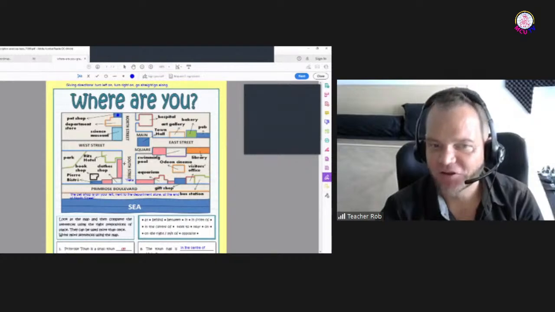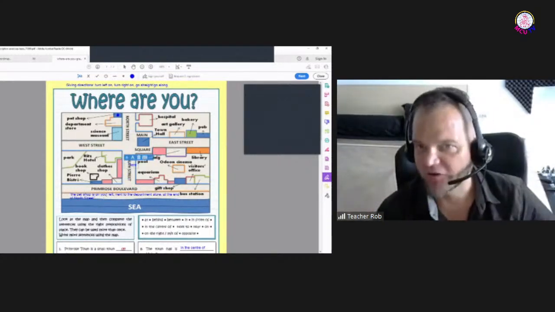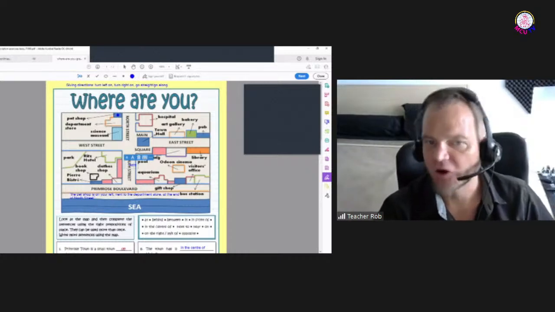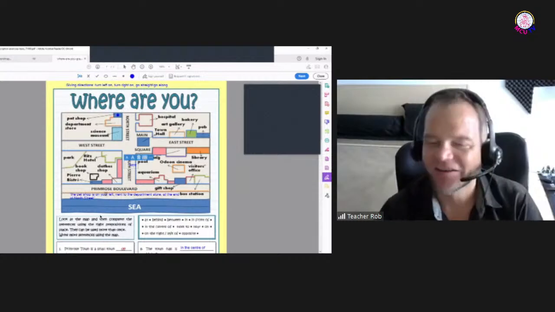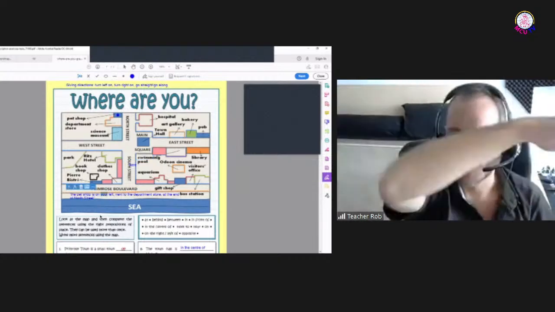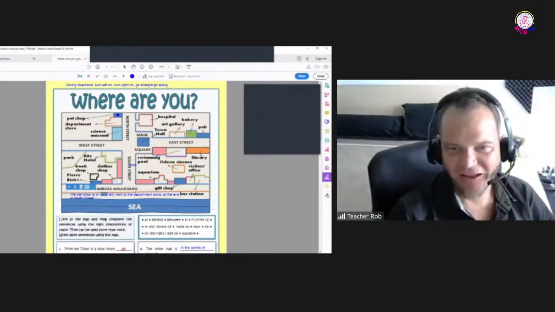So rather than just say the left or the right, it actually is more useful to say your left or your right, because that changes depending on which way you're walking. Right? So yeah, that would be the last thing I would say.